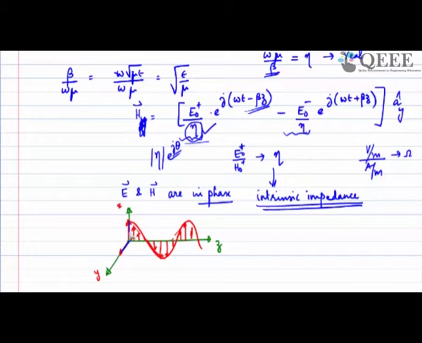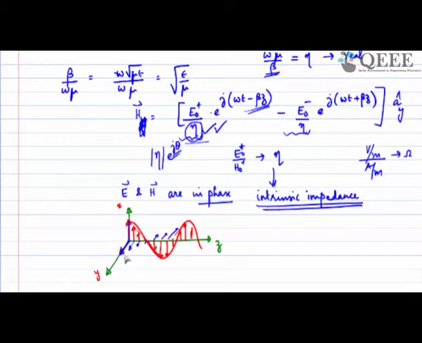It is in phase, which means when E is at its maximum, H is also at its maximum along the y direction. Remember, I am just looking at the forward propagating wave, and it is along the positive AY direction. When E reduces its value, H also will reduce its value, this will become 0, E goes to negative x, H will go to negative y.